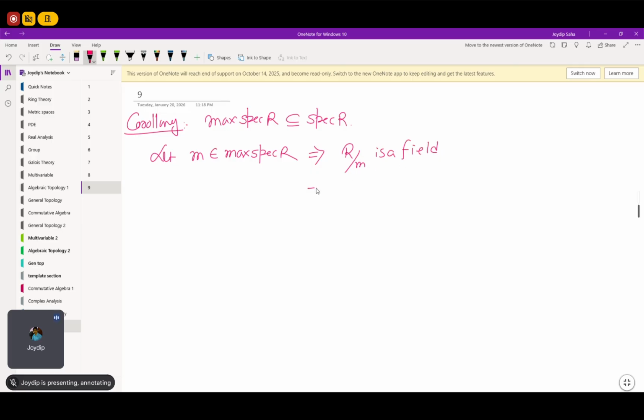Now a field is always an integral domain.